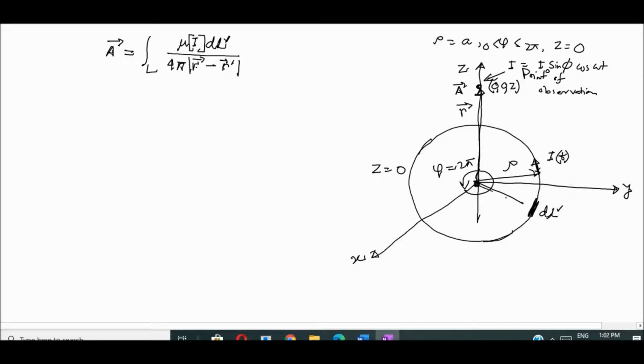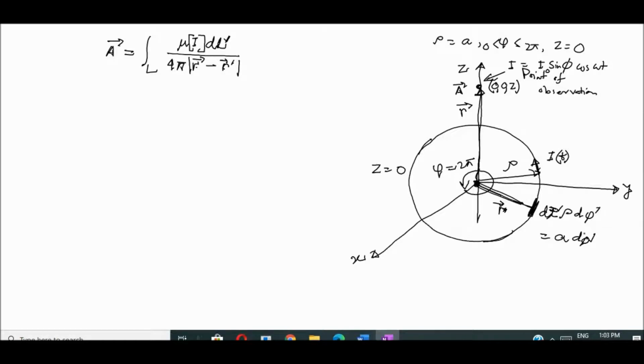The position vector from origin to this dl prime is r prime, and this dl prime is basically rho d phi prime, and here rho is a, so you can write a d phi prime.